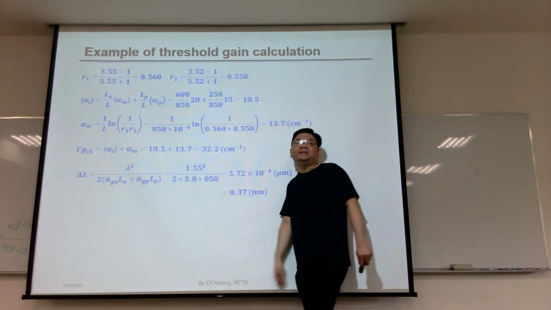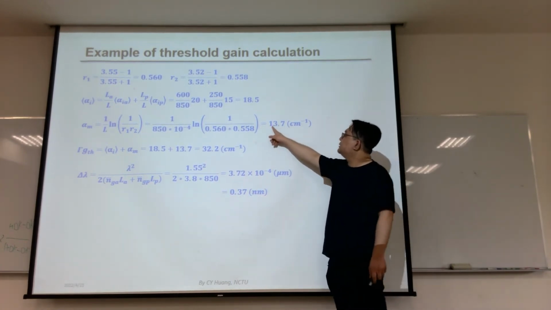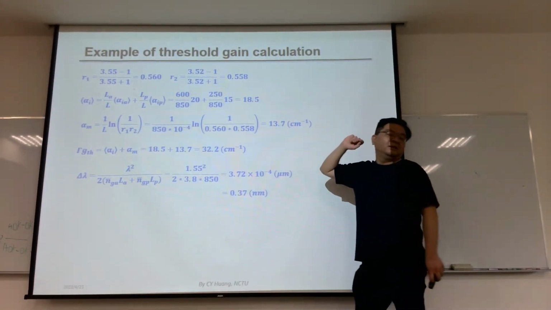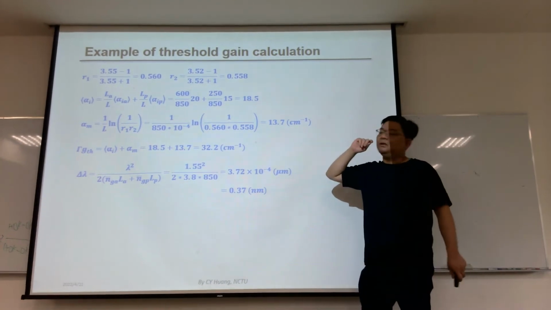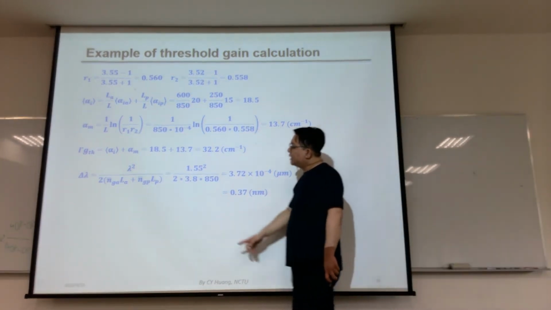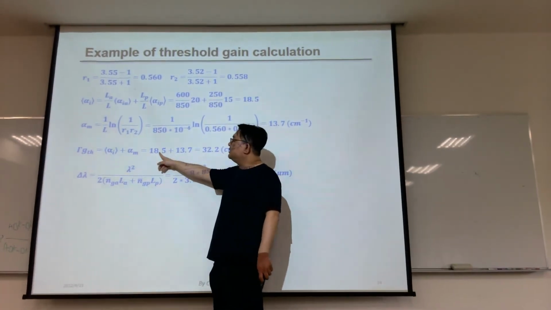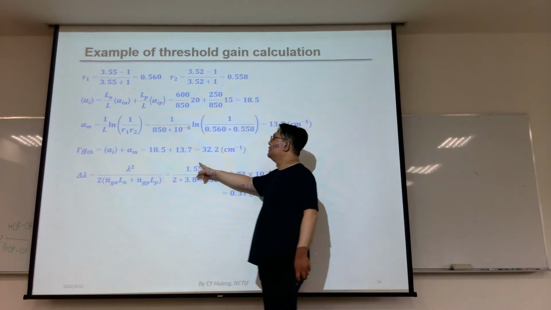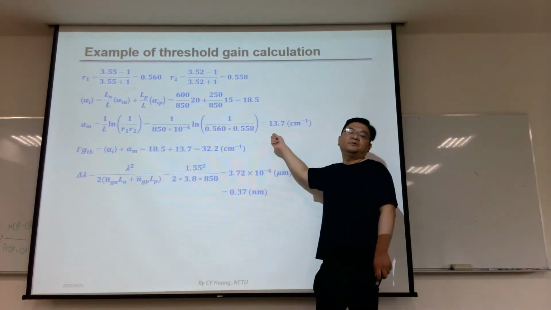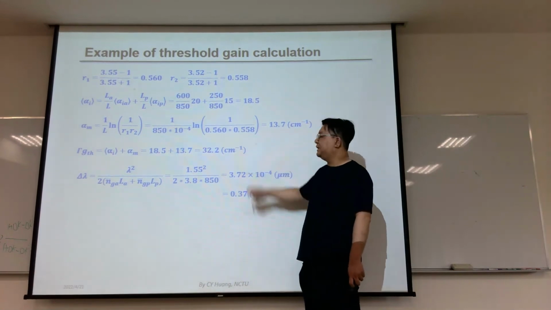That will make the number more common. Okay, so the answer is 13.7 inverse centimeter. Then the total gain is the sum of the internal loss and the mirror loss. Okay, so this is the threshold modal gain of such a laser.